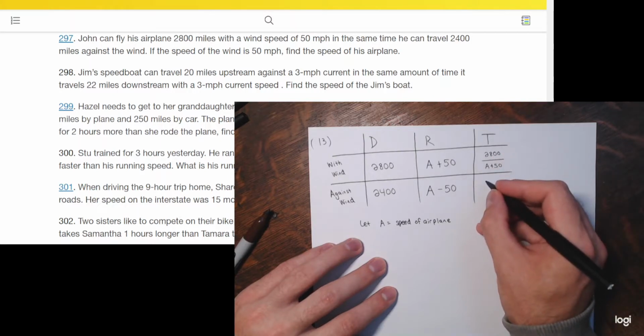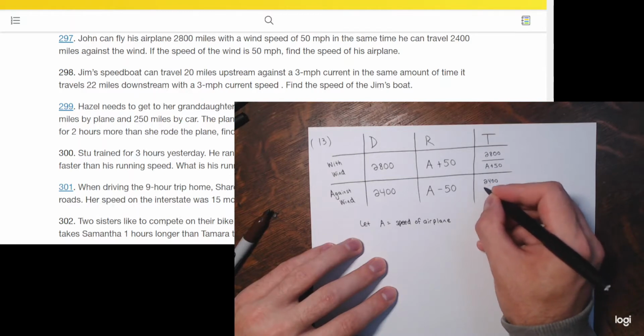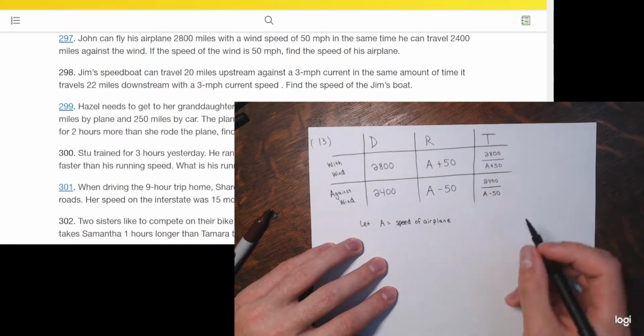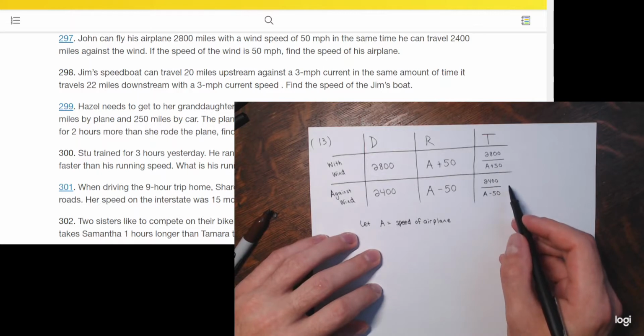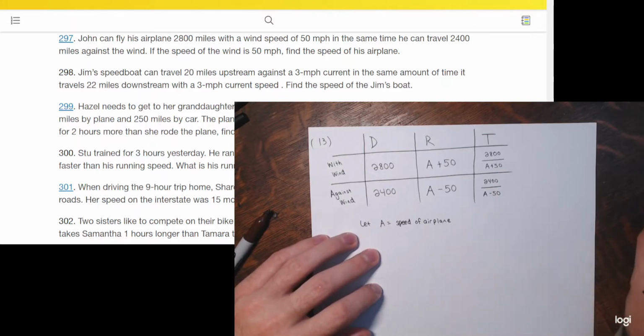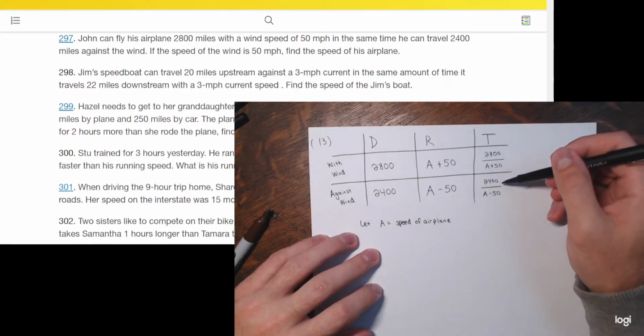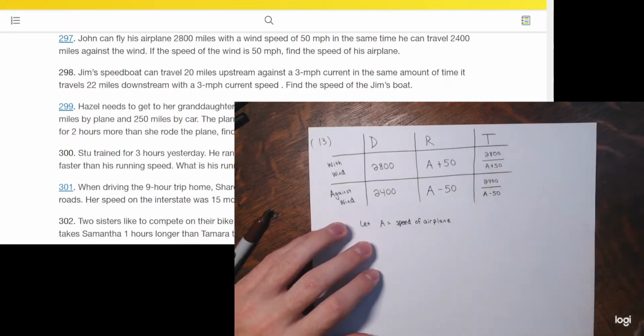The time spent against the wind, 2,400 divided by A minus 50. And we are told that these are the same. Right? It says in the same time. So the time traveling with the wind is the same as the time traveling against the wind.